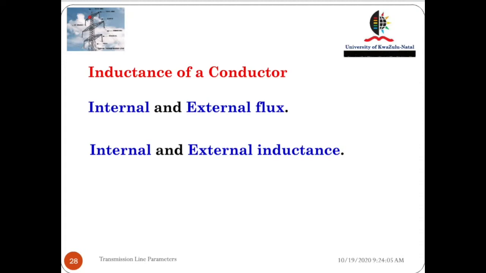So this external flux is actually outside the conductor cross-sectional area, and it links with the entire cross-section. So this external flux is produced around or outside the conductor due to its own current of I ampere, and also the currents flowing through the other conductors nearby.